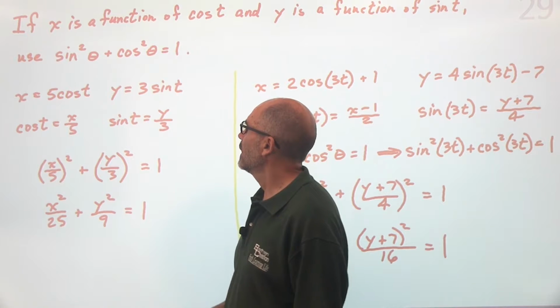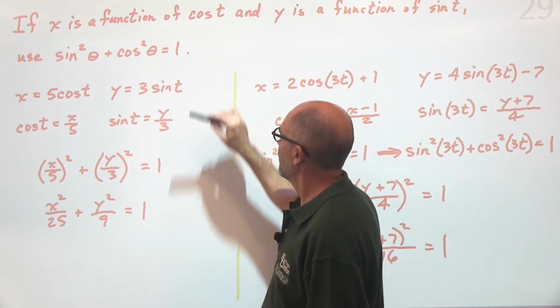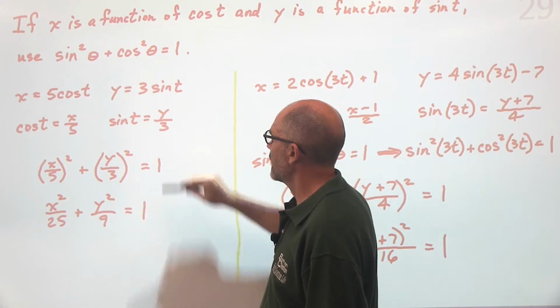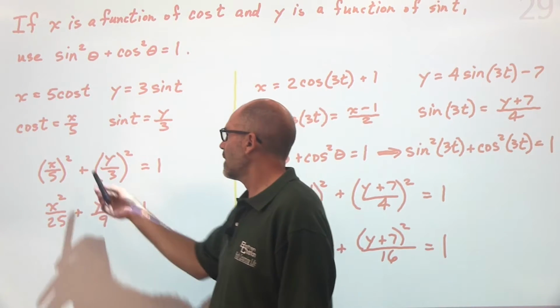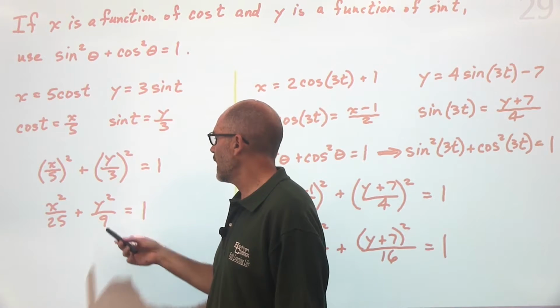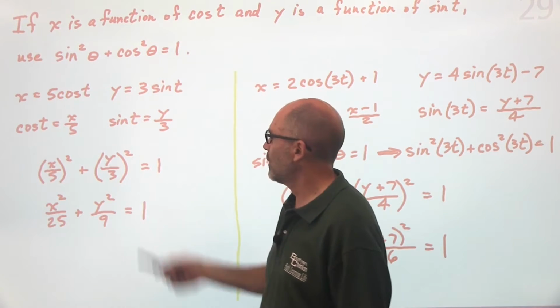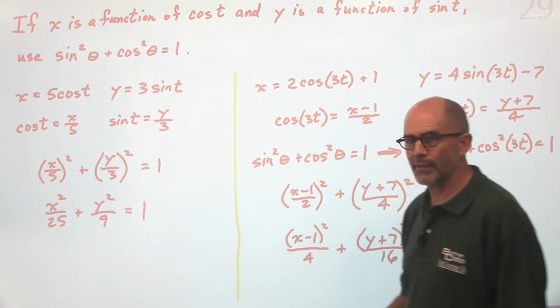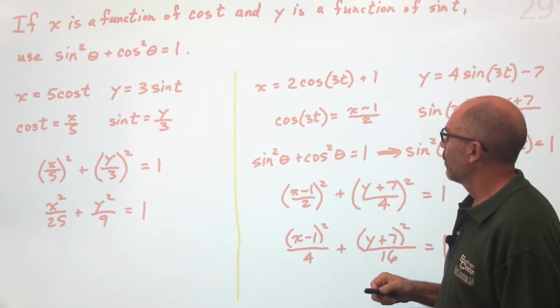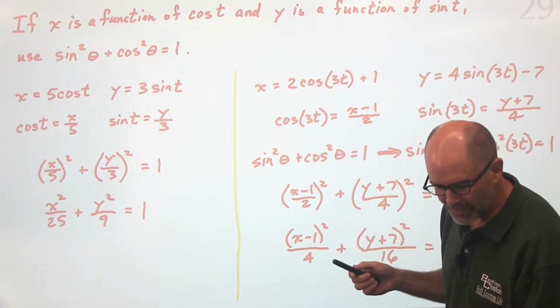So we've just translated parametric into rectangular. And we could clean it up, just square both sides here, so x squared over 25 plus y squared over 9 equals 1, and I know that's going to be an ellipse also. Okay, now, we're going to crank up the juice just a bit.